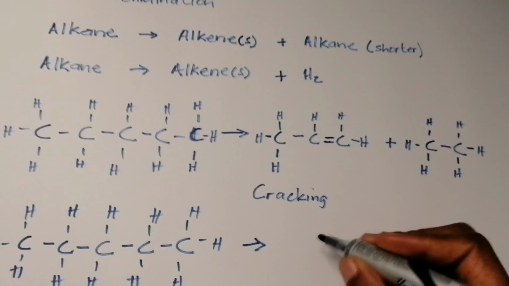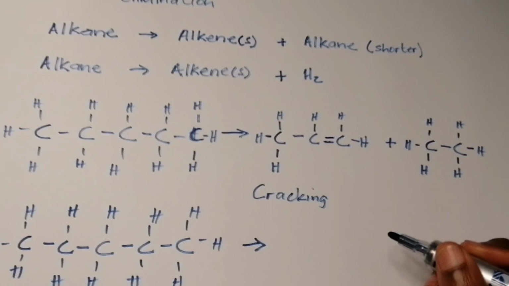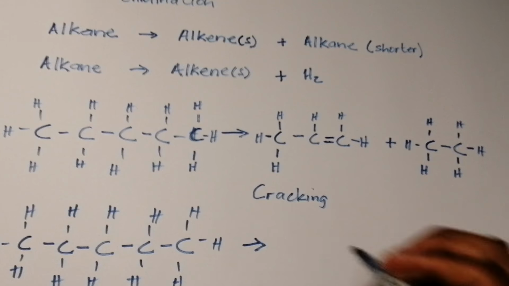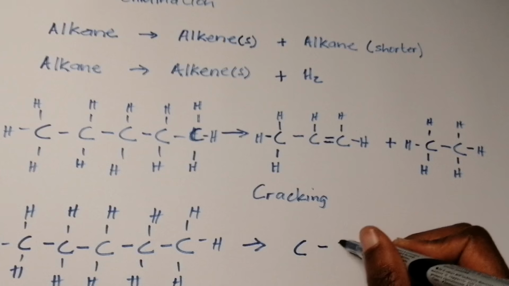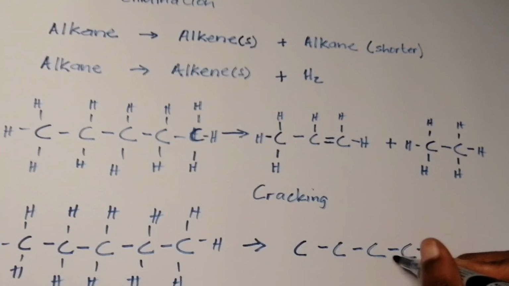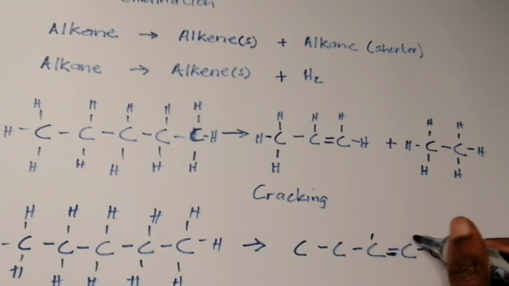You'll apply Zaitsev's rule when you've got hydrogen and something else, but more likely hydrogen will tend to be removed from the carbon that has the least number of hydrogens. So you might form something like this, something that looks like that with a double bond there. You could have placed the double bond there, it's still the same thing.